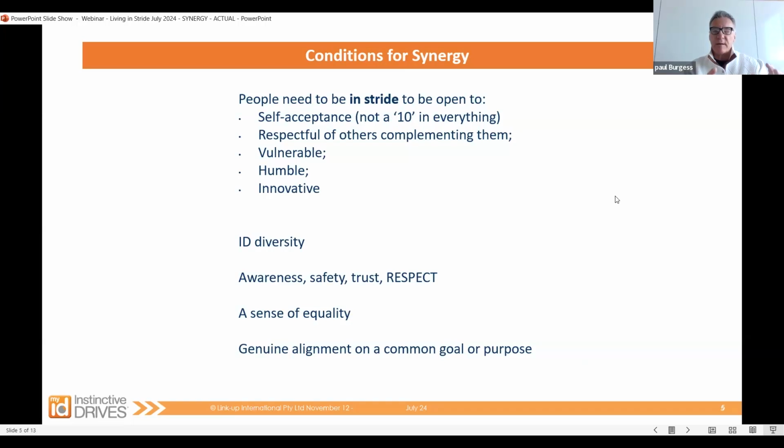That's what happens when people are out of stride. We don't want to share our truth. We don't want it to be as visible and as impactful as it would be if we were more in stride. So if we want people to show up in the context of synergy, you've got to be open to the fact that other people might contribute something different or even better than you.